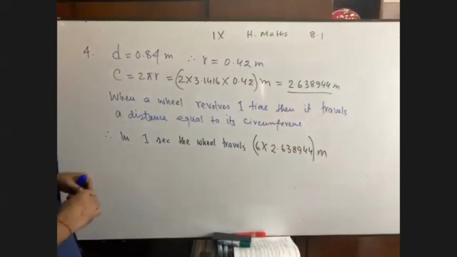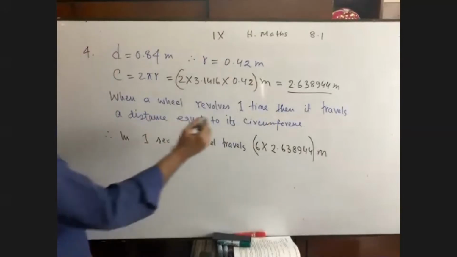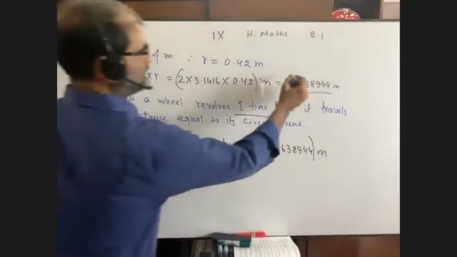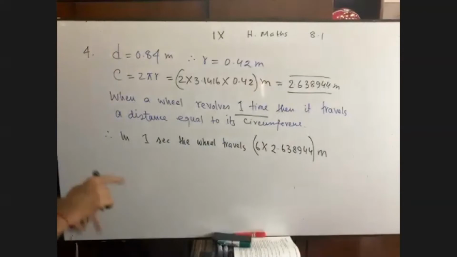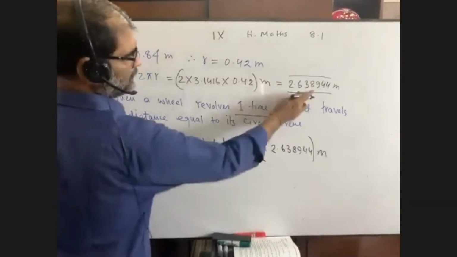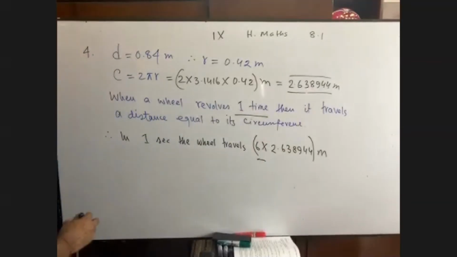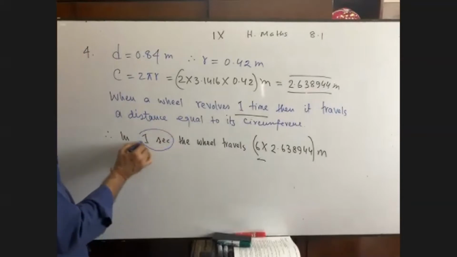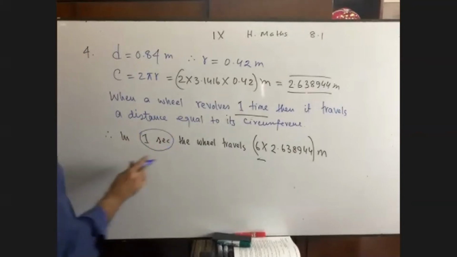For 1 time, it is this many meters. In the question, it is told 6 times. So 6 into this, right? And time is given as 1 second. Now, can you please convert it into kilometer per hour?